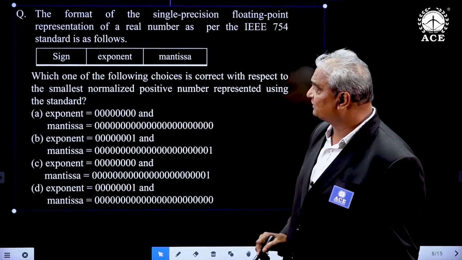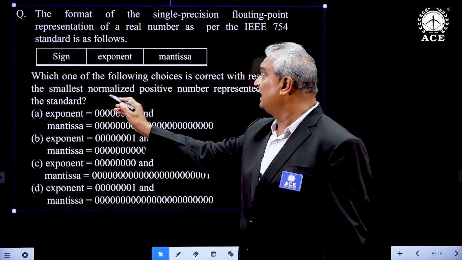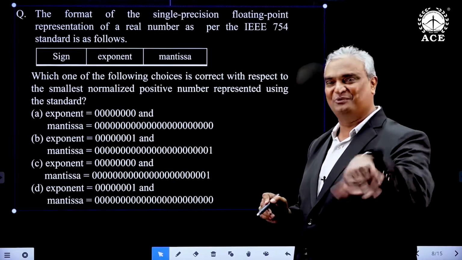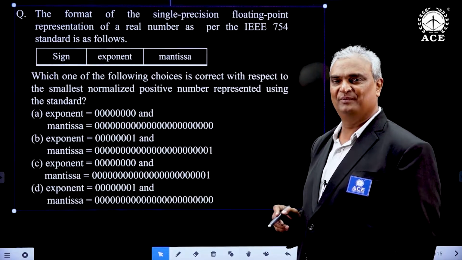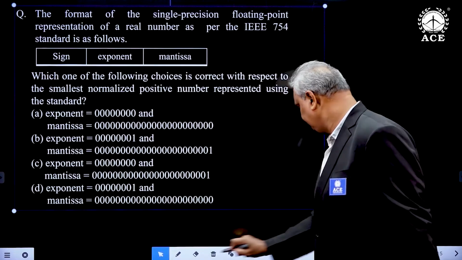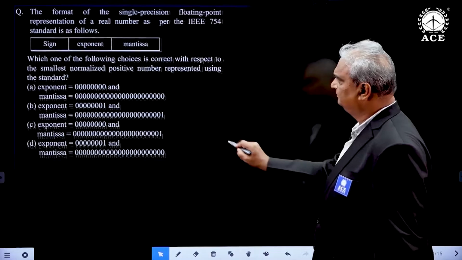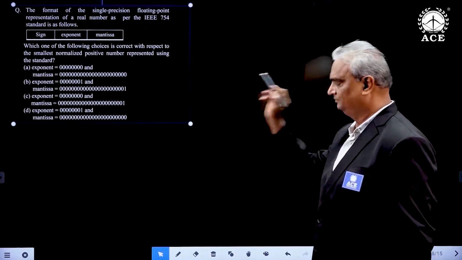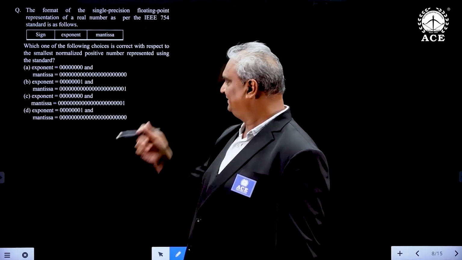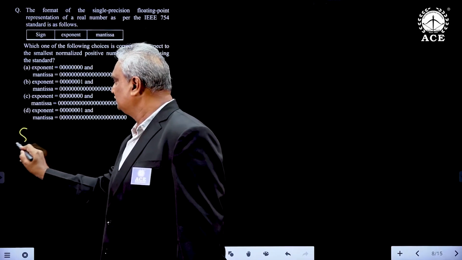What did he ask in the question? Smallest normalized positive number. Observe this first. Solution is like this.